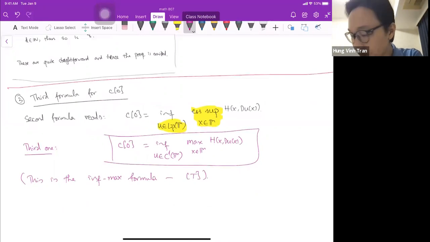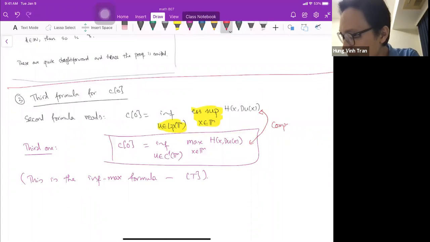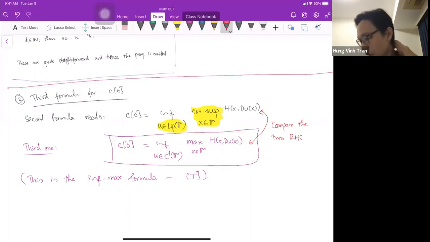It's quite fun. So let's see, how do we prove this? What's the best way? Now let's compare the two right-hand sides. In the one below, I'm only taking the infimum over all C1 functions.